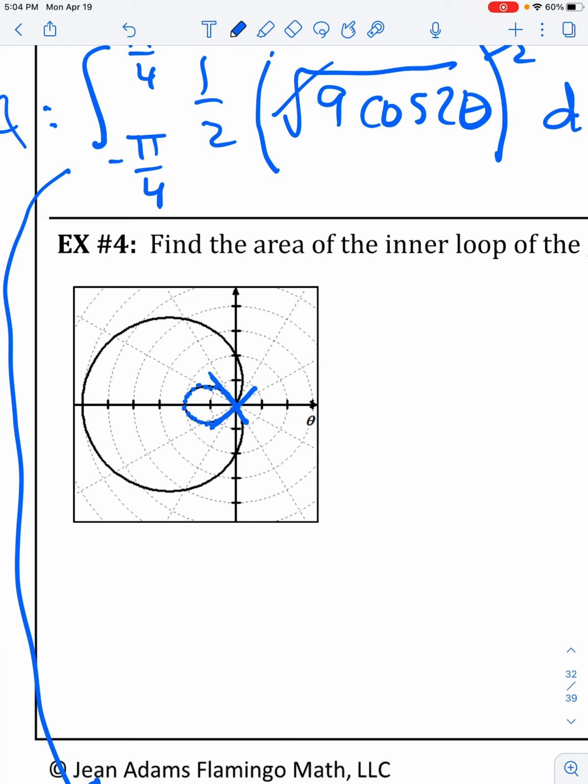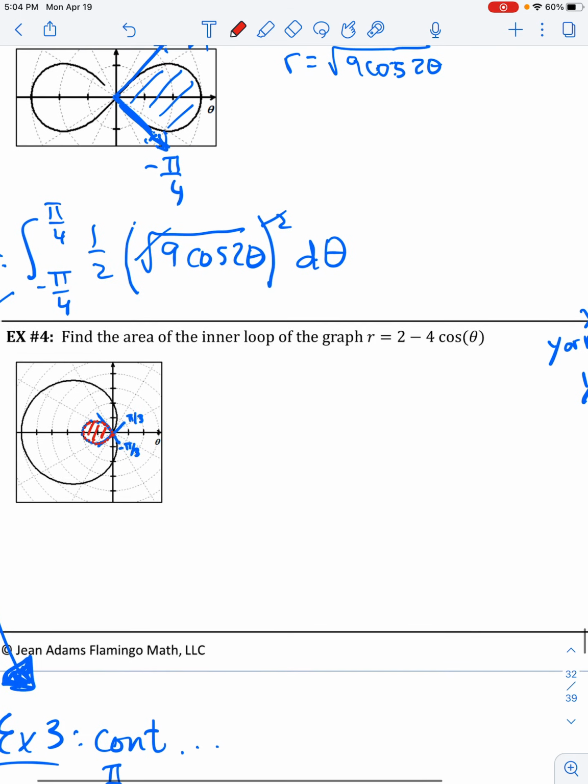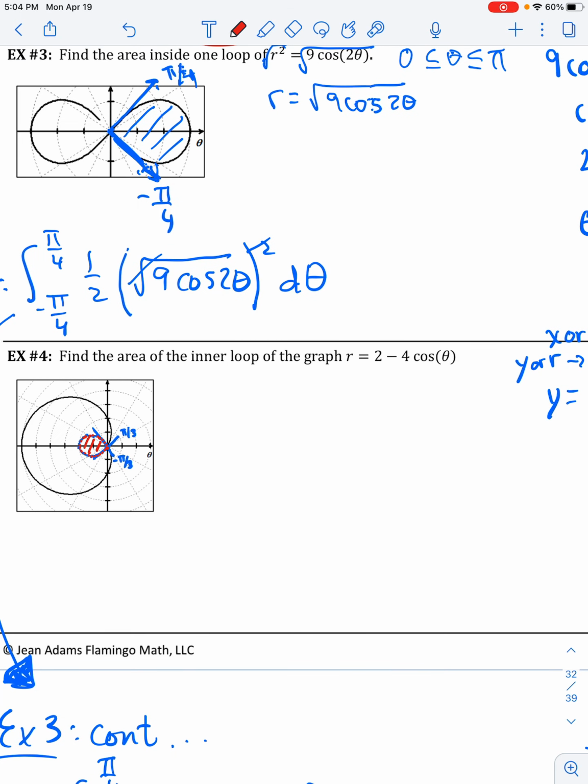And so we're talking about pi over 3 and negative pi over 3. From negative pi over 3, I'm going to get my red one, to positive pi over 3, we have created the part that we want to find the area of. So this is what we are going to integrate. We're going to go from negative pi over 3 to positive pi over 3.